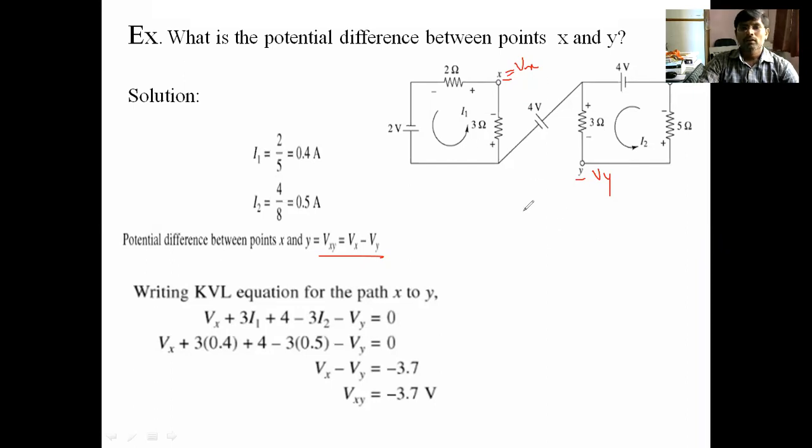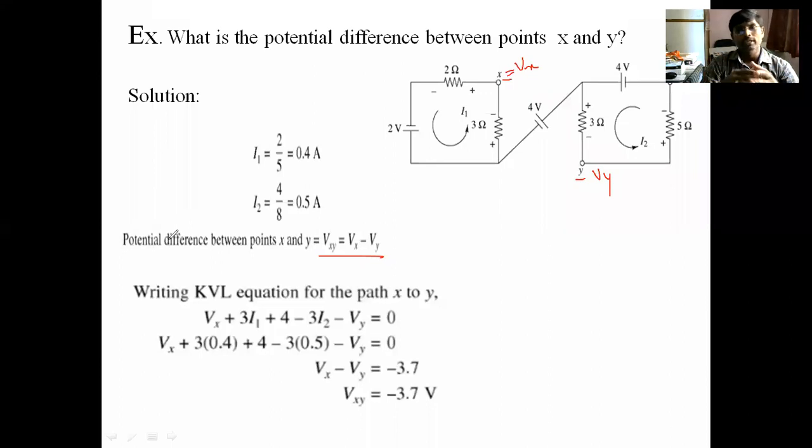Then if you want to find the difference between 2 points, you must take the difference between the potentials at two ends. So Vx is the potential at the first end and Vy is the potential at the second end. Therefore the difference between these two is Vx minus Vy, or Vy minus Vx. It all depends.